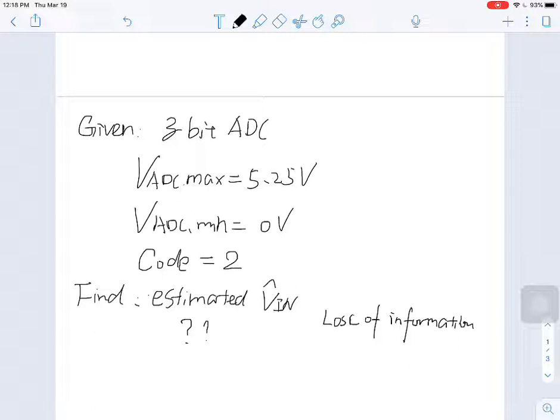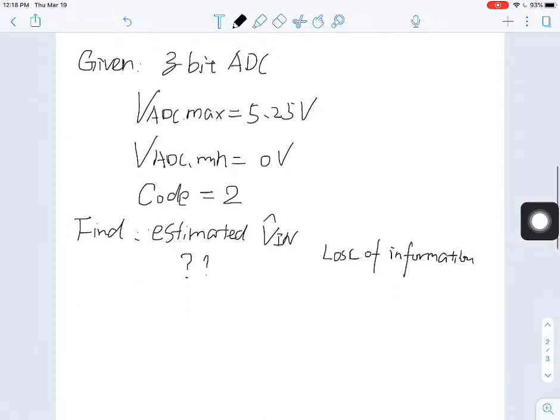That's why when we only know the digital code of the signal, we can only estimate the input voltage signal based on the given information. We can never get the exact accurate value for that input voltage signal. Okay, that's why it's called estimated V in hat.